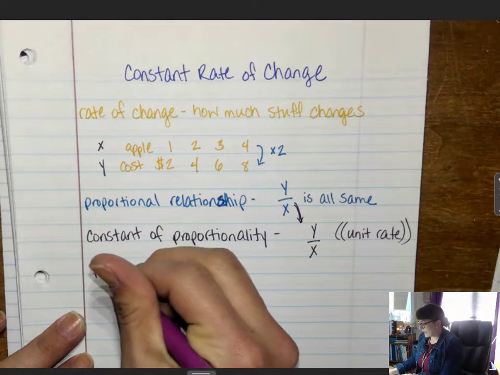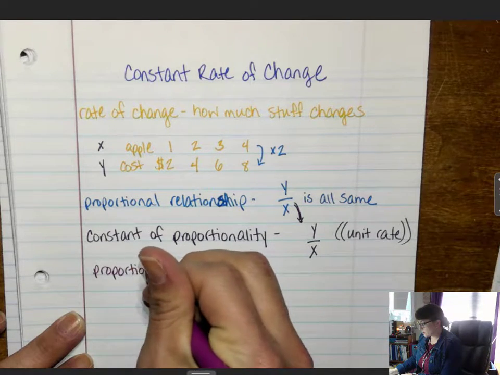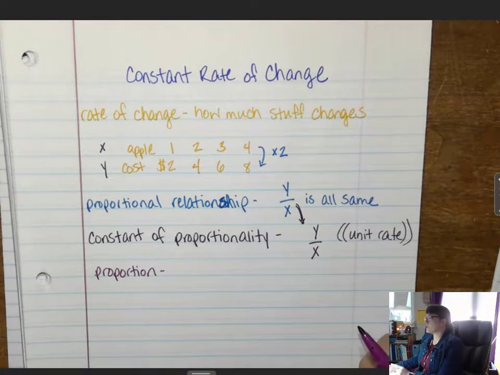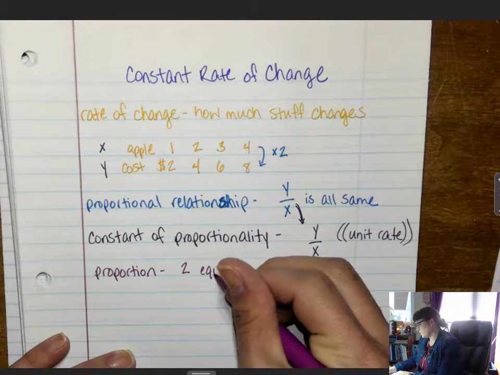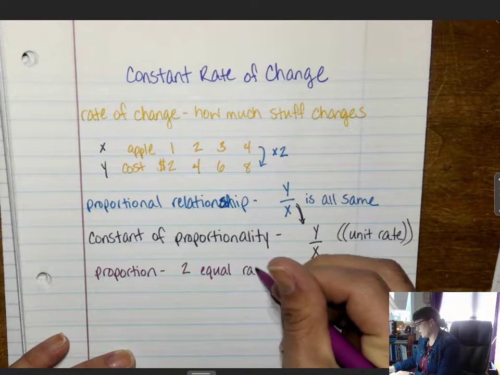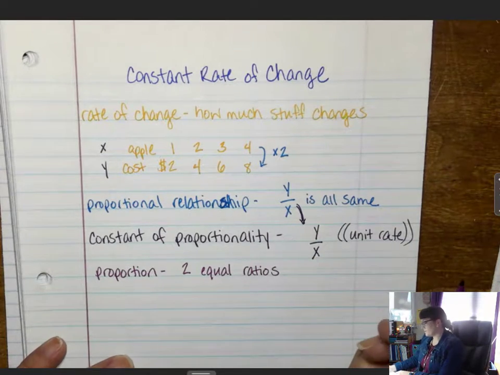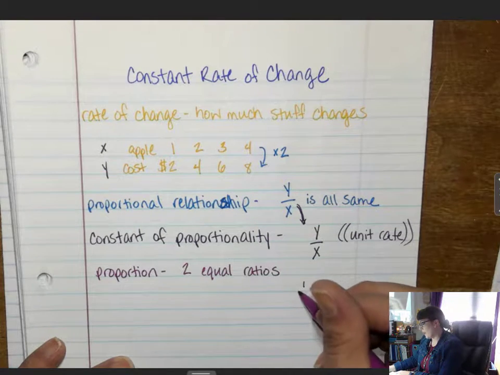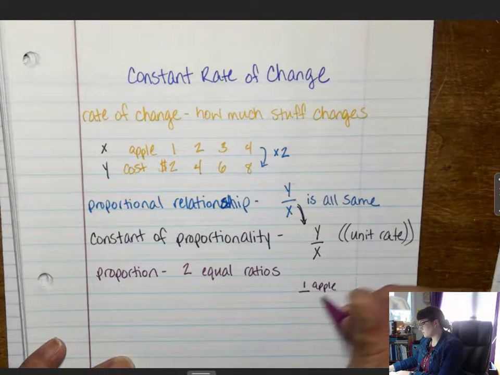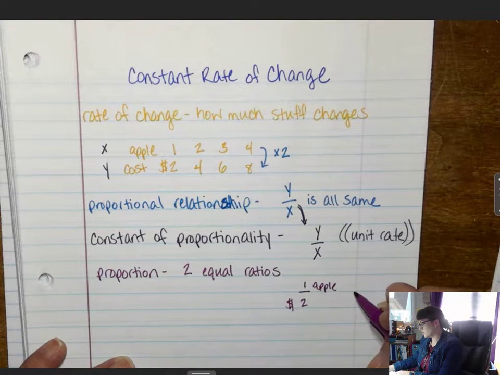We've done these before by solving proportions. A proportion is 2 equal ratios. So if I'm comparing apples to cost, I can get 1 apple for $2.